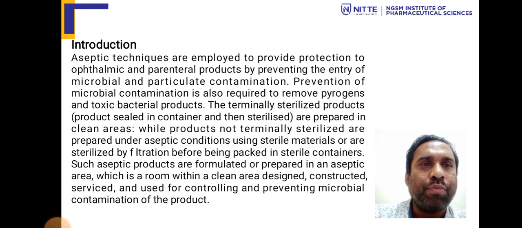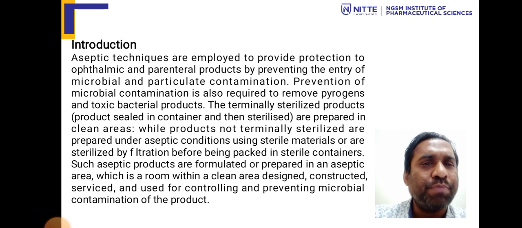Aseptic areas are employed to provide protection to ophthalmic and parenteral products by preventing the entry of microbial and particulate contamination. Prevention of microbial contamination is also required to remove pyrogens and toxic bacterial products. The terminally sterilized products, sealed in a container and then sterilized, are prepared in clean areas, while products not terminally sterilized are prepared under aseptic condition using sterile materials and are sterilized by filtration before being packed into a sterile container.